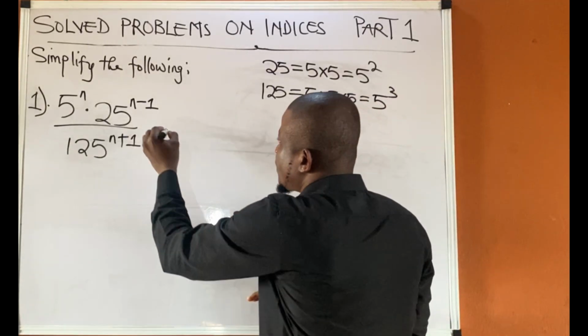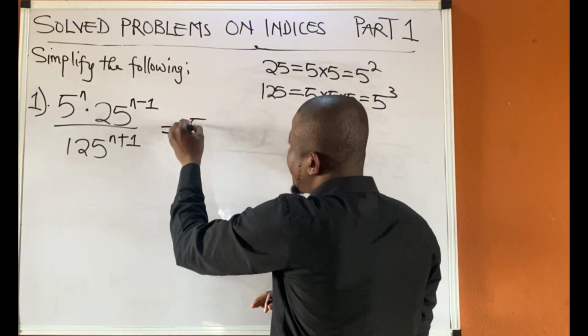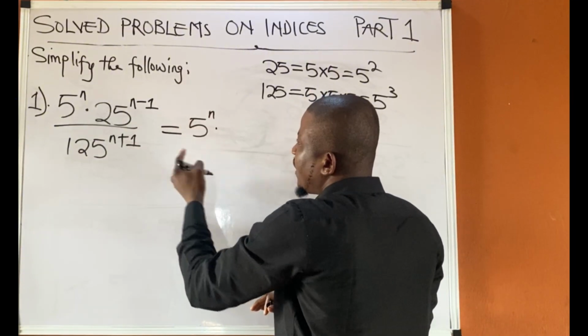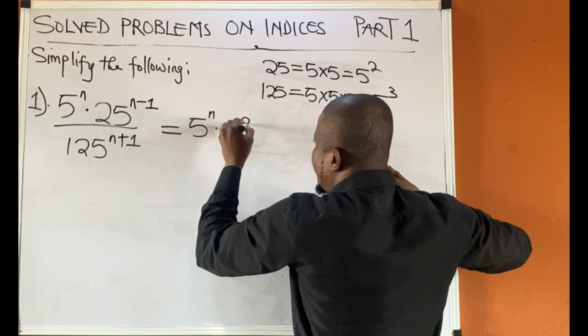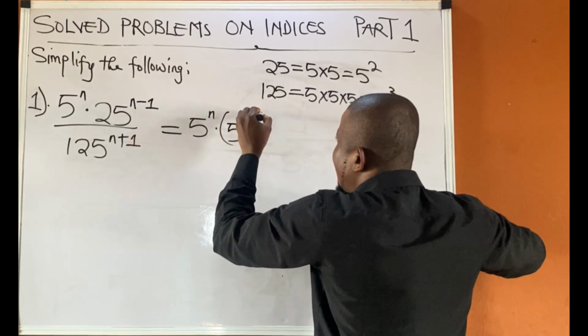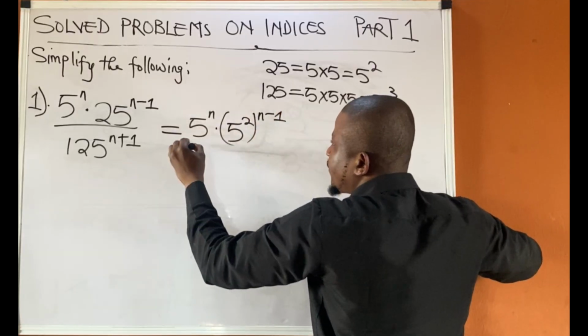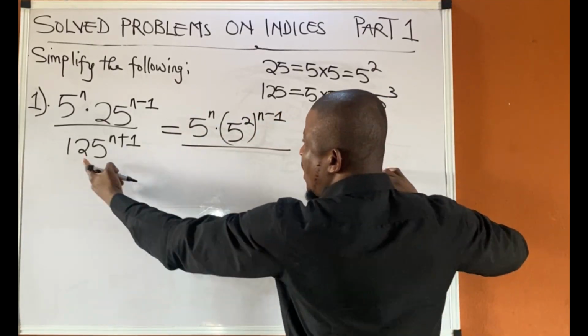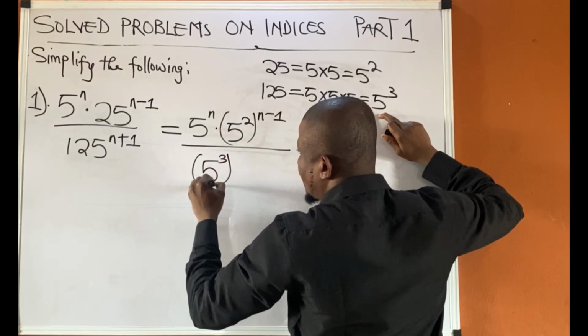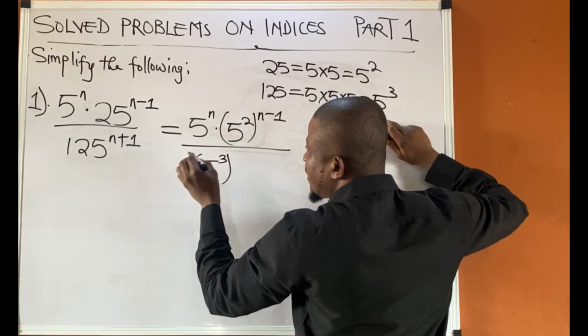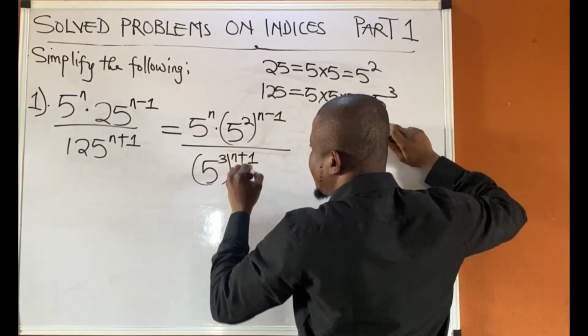Okay, so let's proceed to solve this problem. We have 5 to power n times 25, which is 5 to power 2, but this is raised to power n minus 1, all divided by 125, which is 5 to power 3, and this is raised to power n plus 1.